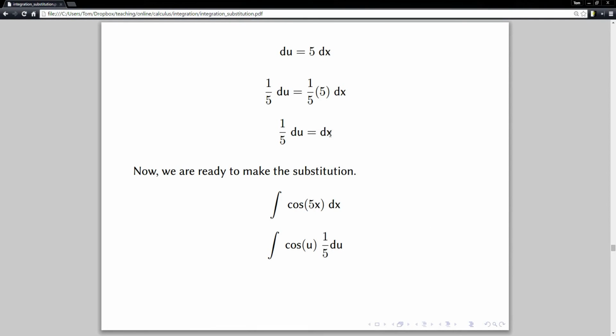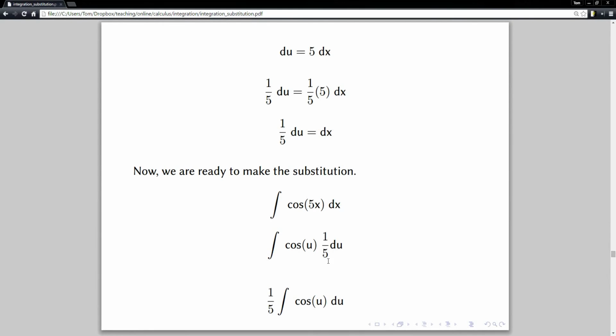So I took this dx over here and substituted in 1/5 du. So now you see every single instance of x has been switched over to u's. I didn't leave some x's in here. There's not mixed x's and u's in here. I accounted for every single x, and every single x has been switched over to a u. So that's what you want.